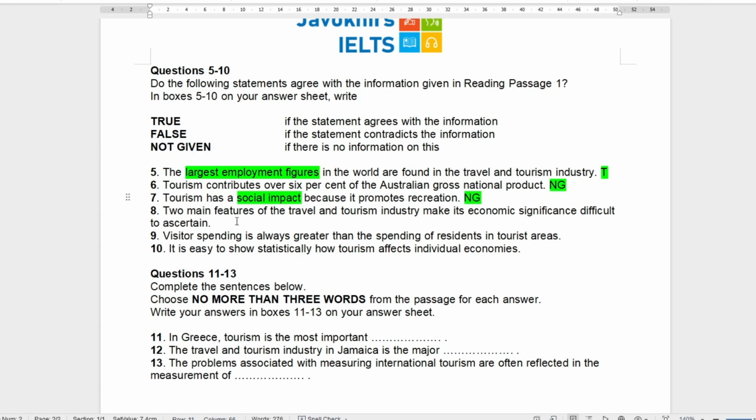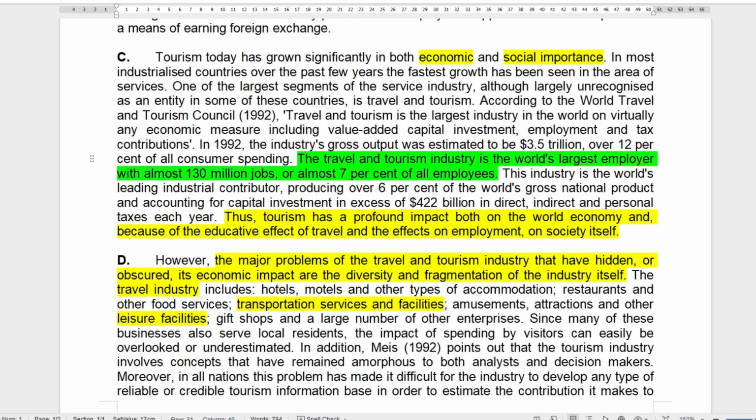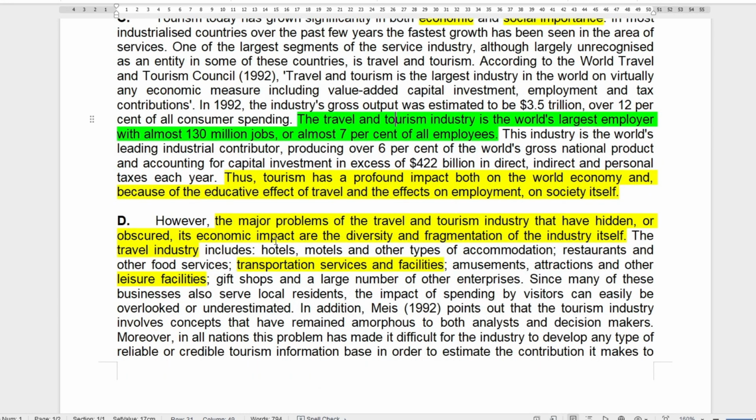So two main features of the travel and tourism industry make its economic significance difficult to ascertain, difficult to understand, or something like that, I guess. So these are the major problems.